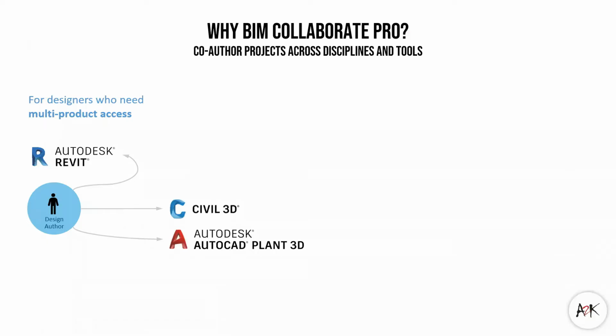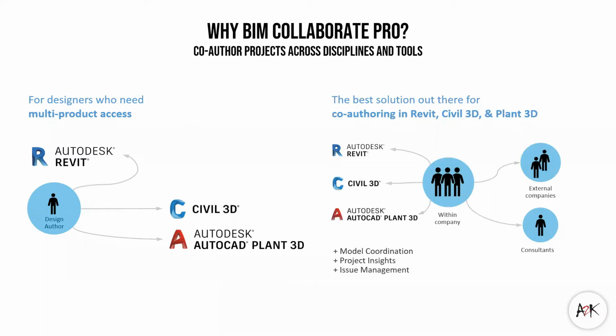So the BIM Collaborate Pro solution is the recommended solution for designers wanting to collaborate with internal and external consultants, not only in Revit, but software such as Civil 3D and Plant 3D as well. In addition, the ACC infrastructure can facilitate workflows where your team uses more than one design authoring tool between Revit, Civil, and Plant 3D.